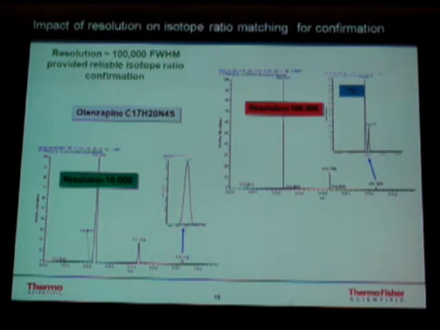You cannot tell whether this is really a pure C13 peak. But the moment you run this at 100,000 resolution, you can see this is actually two components, and they can be resolved at 100,000. And now, if you take the isotope ratio from here to this, they match very well. If you just take this, then the isotope ratios do not match the expected values very well. And that's again showing why high resolution is so important and so powerful.